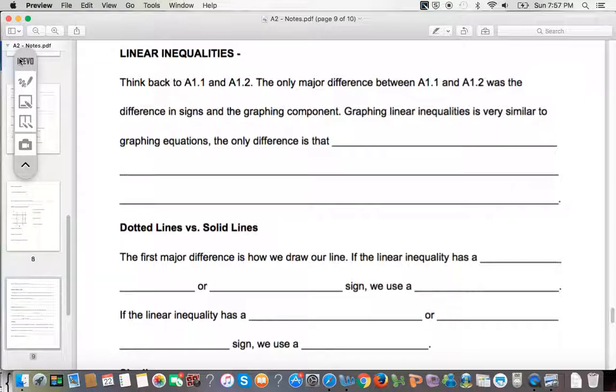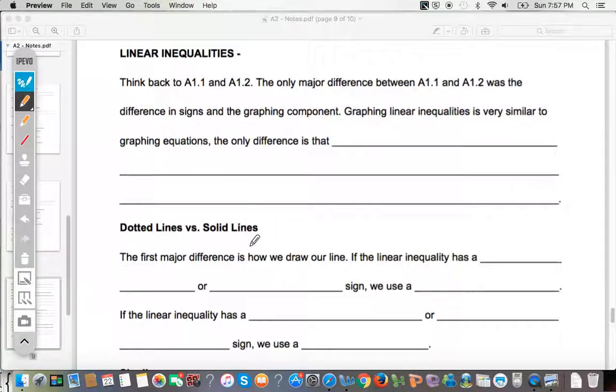If we think back to A1.1 and A1.2, the only major difference between A1.1, which was solving equations, and A1.2, which was solving inequalities, was the difference in signs and the graphing component. Graphing linear inequalities is very similar to graphing equations.